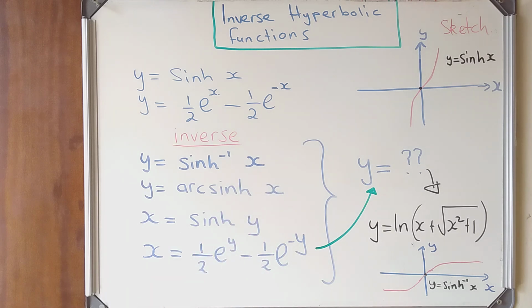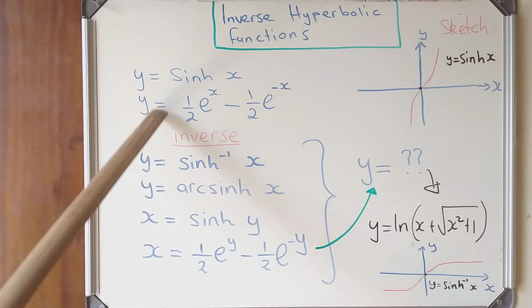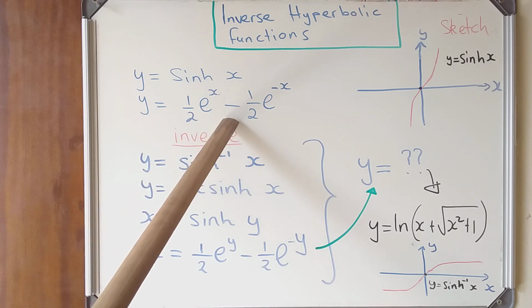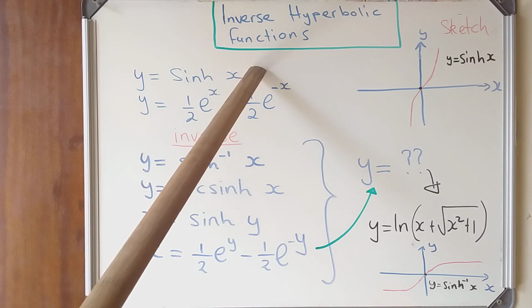The idea is that we want to replace this sinh x as a function of an exponential function in terms of x. So this y is written in terms of sinh x.